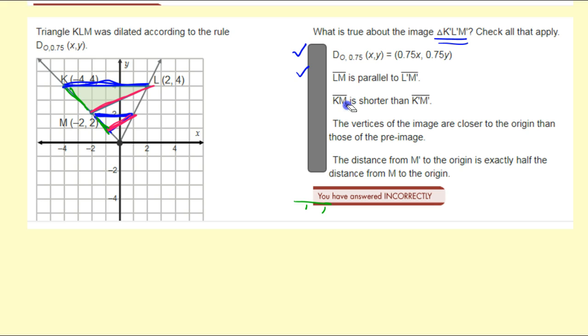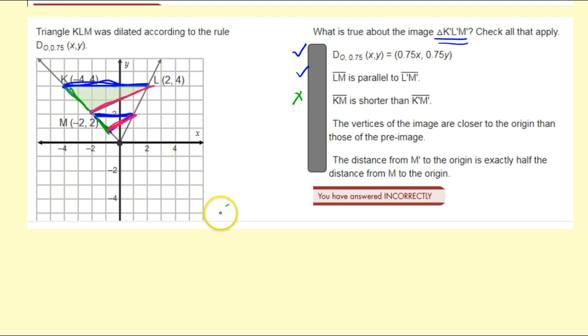Okay, and that's the same thing here. Okay, KM is going to be shorter than K prime M prime. That's false. Okay, KM is the original picture, the original triangle. K prime M prime is from the new triangle.